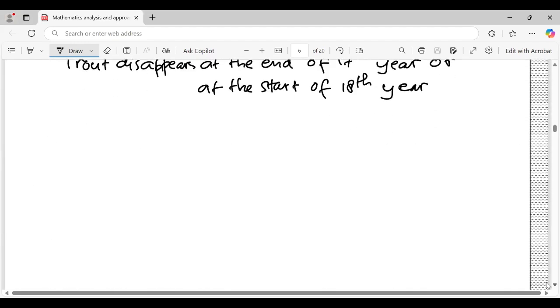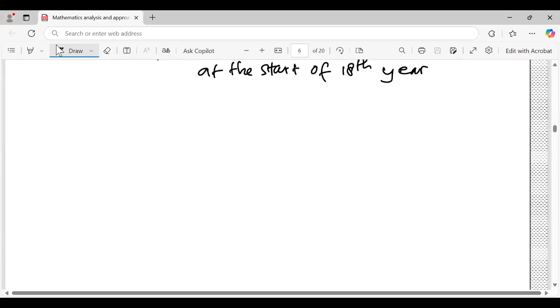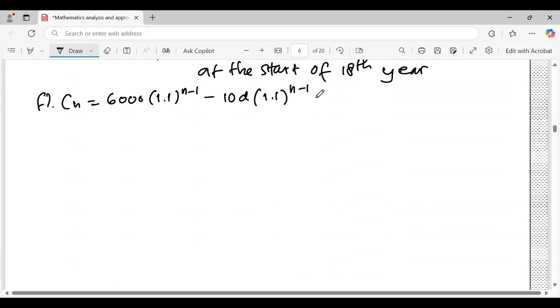If constant, it means we are going to find Cn plus 1. Cn equals 6,000 times 1.1 power n minus 1 minus 10D times 1.1 power n minus 1 minus 1. Okay, so if constant, it means Cn plus 1 equals Cn, a constant.